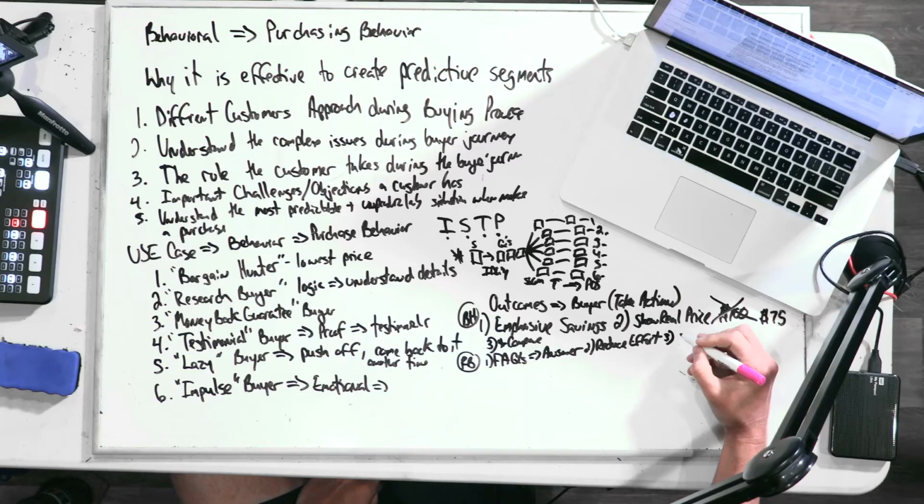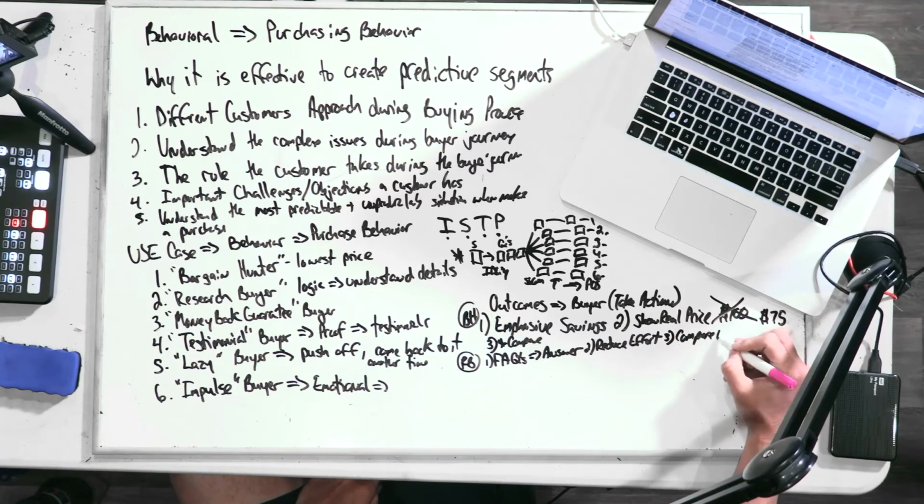I'm also going to allow them to compare products. The same way I would show the bargain hunter 2 products and compare if I can show that I have some advantage with price.